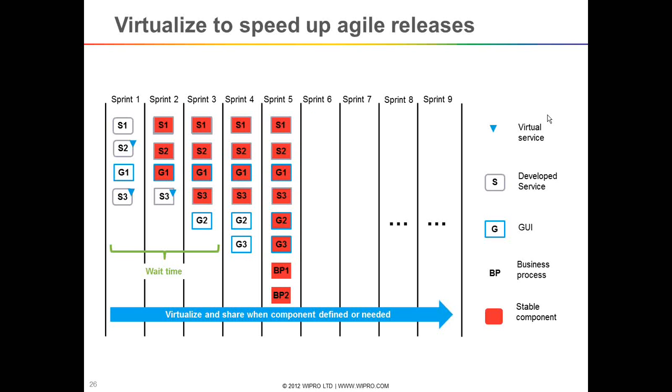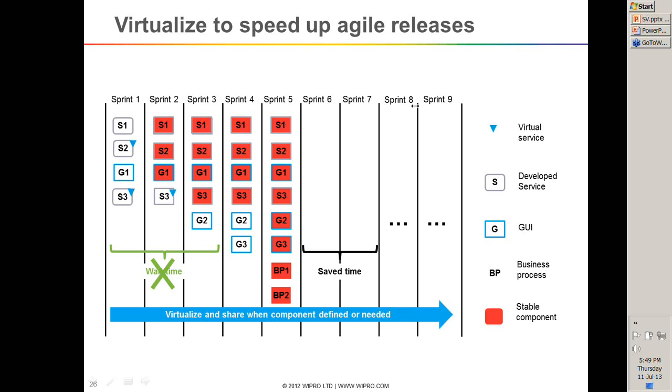When you now do the complete virtualization, you can see the wait time goes off, and at the same time, there's so much time saved starting from sprint 6 and 7. So with this virtual service developed, I can actually save lots of time in the whole development and testing lifecycle.